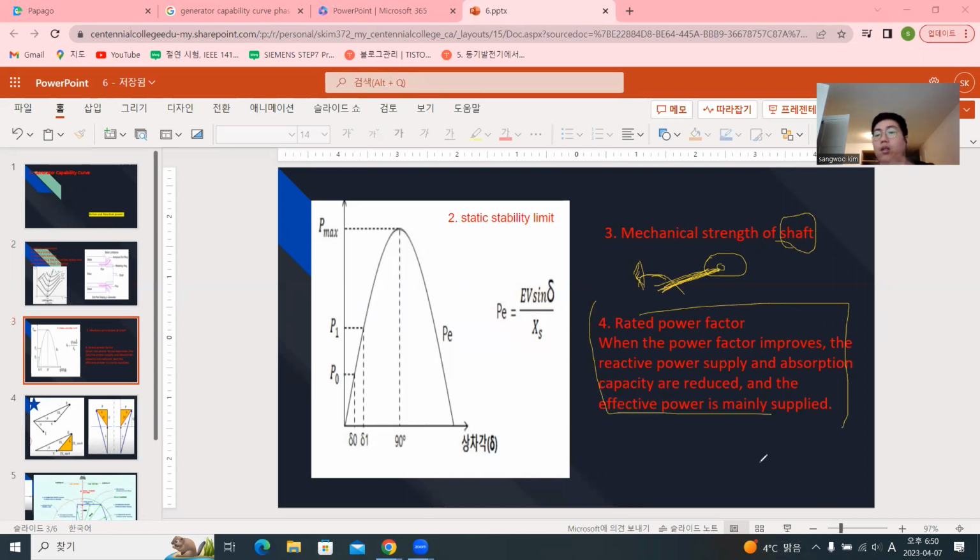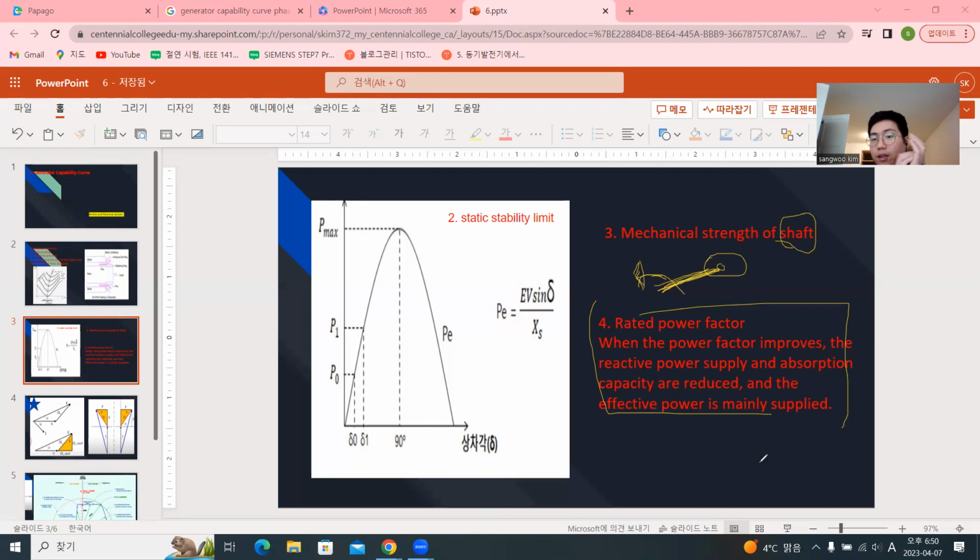I'm not sure whether I explained this a lot or not. By the way, why do we use a capacitor bank or other methods to improve power factor? Because we want to reduce the line current.